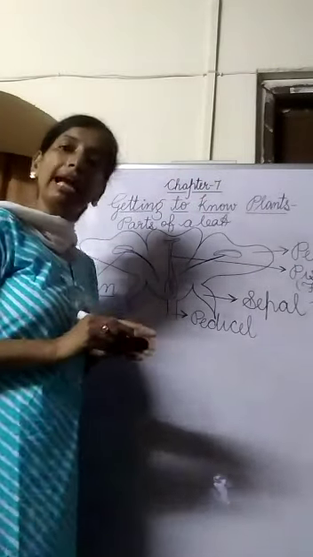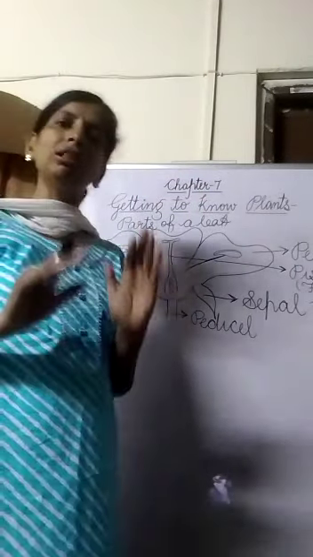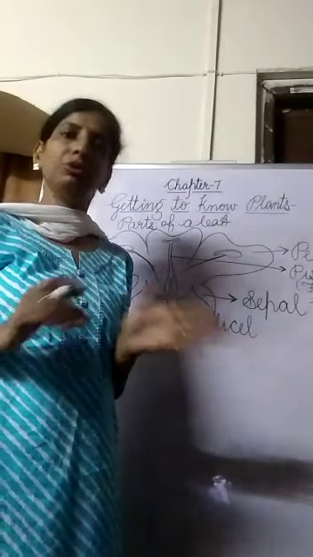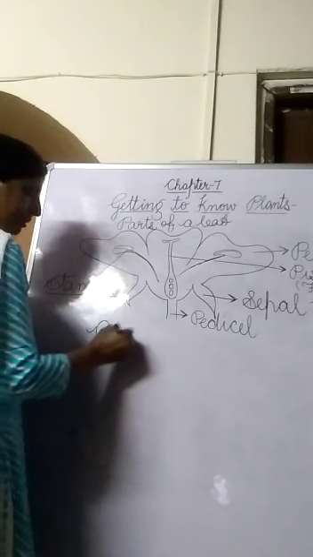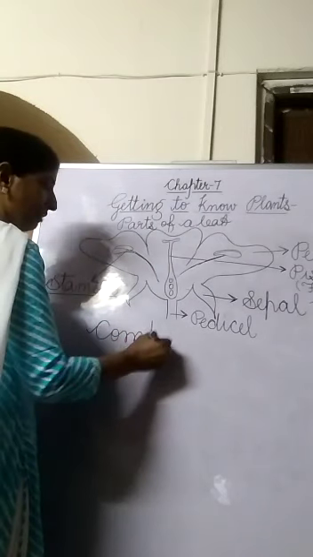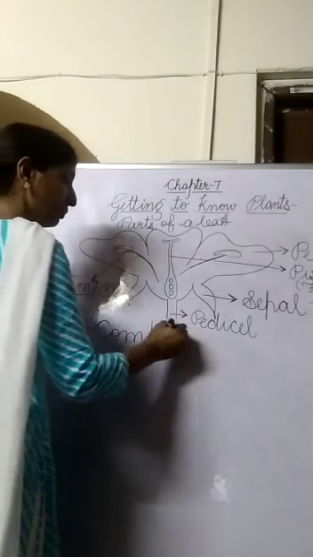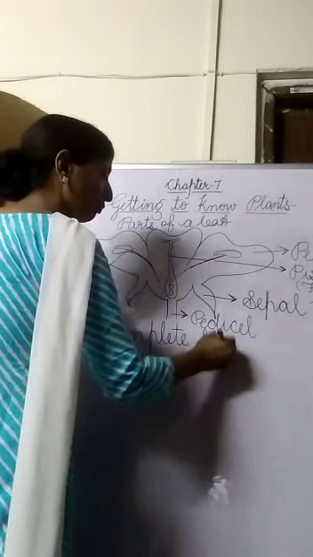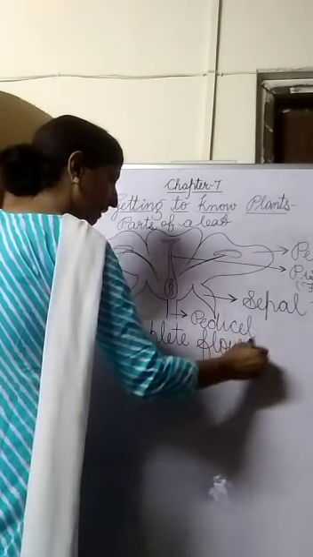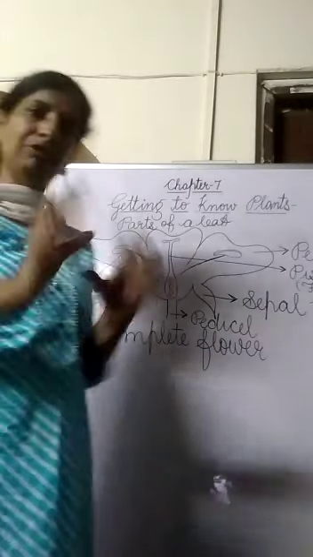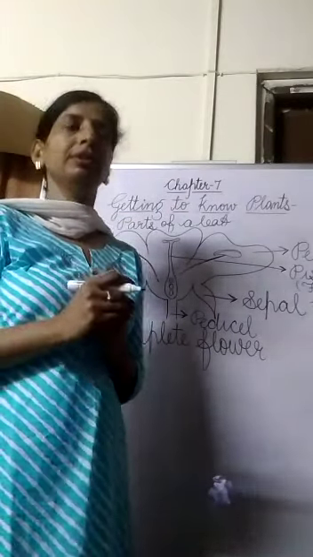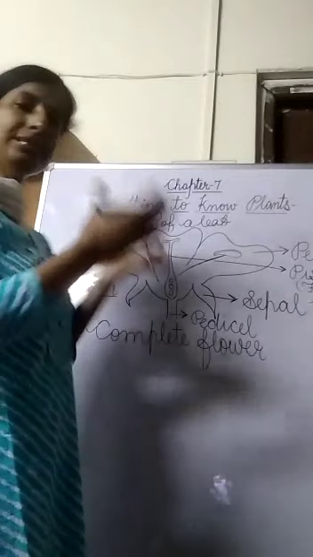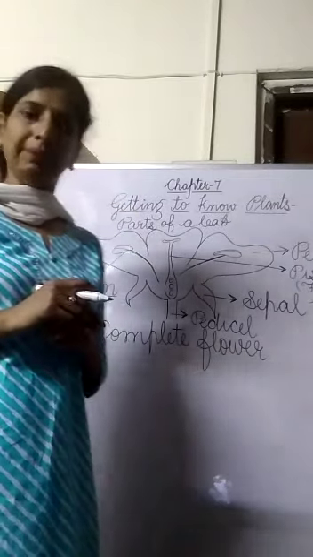So if any flower is having all these 4 whorls, we call it a complete flower. Right? A flower showing all the 4 whorls. The whorl of sepals we call calyx, and the whorl of petals we call corolla.